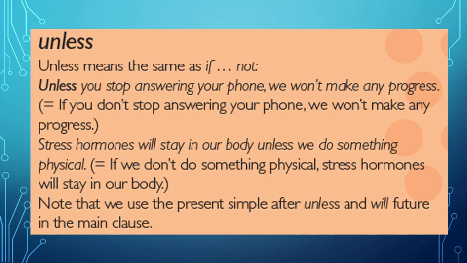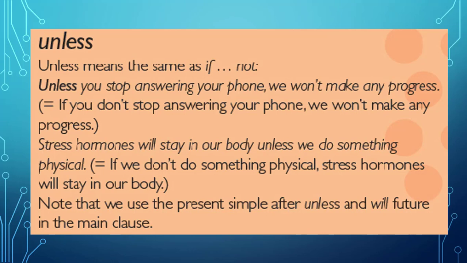Here in the example, stress hormones will stay in our body unless we do something physical. And it equals, if we don't do something physical, stress hormones will stay in our body.